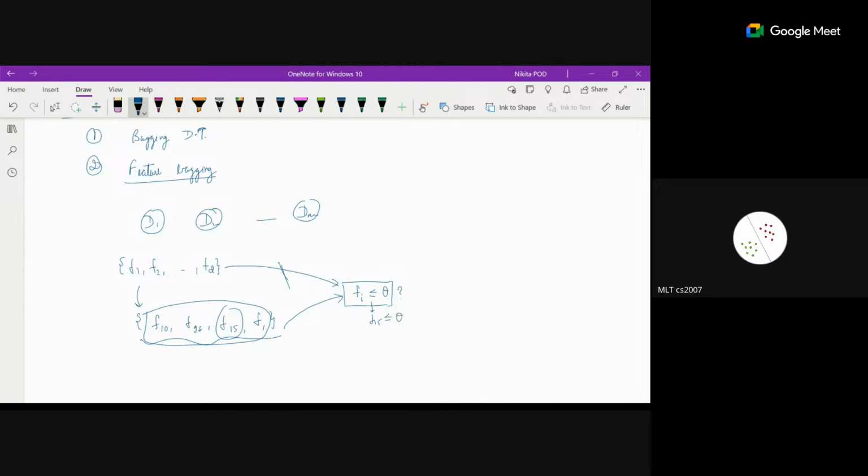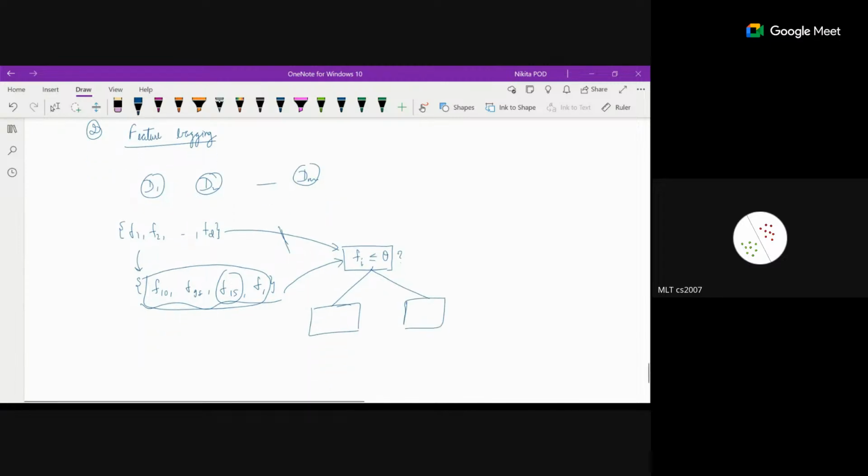Now, again you will ask a different question right here. After this, you will ask two questions: if yes, then another question, and if no, again another question. You will have something like this. So again you will have to decide another question, say for some Fj less than or equal to theta. Now again, you will not go through the whole set of features and check. Again, you will take a subset of features.